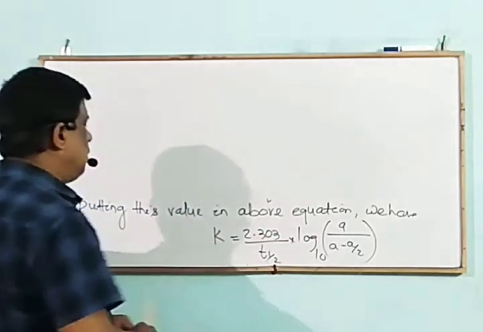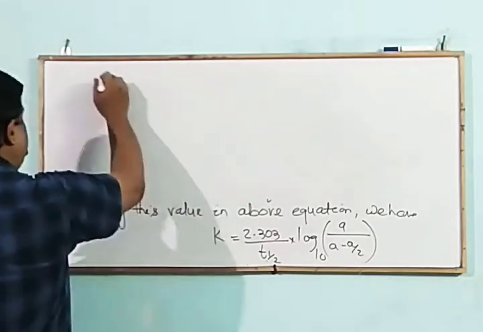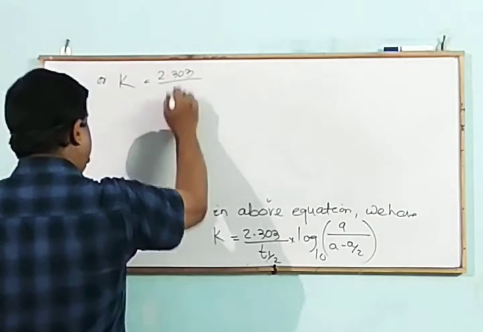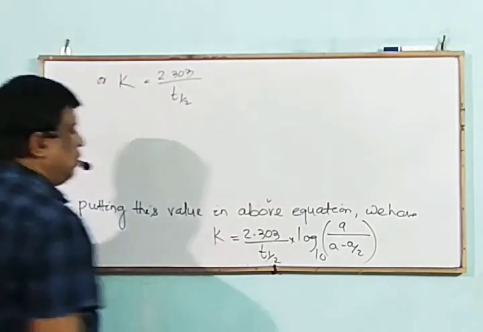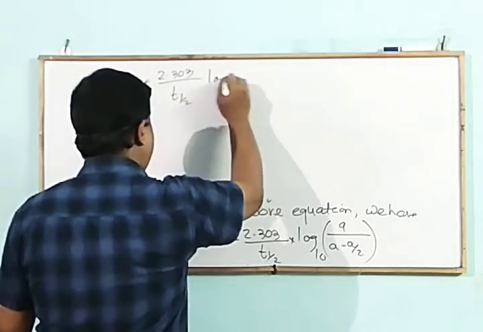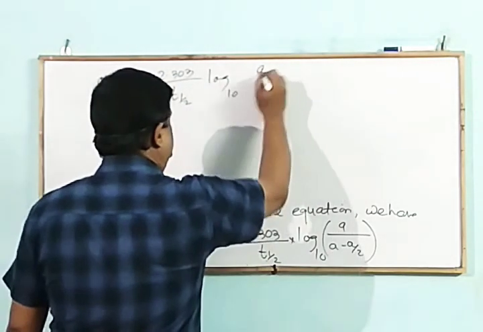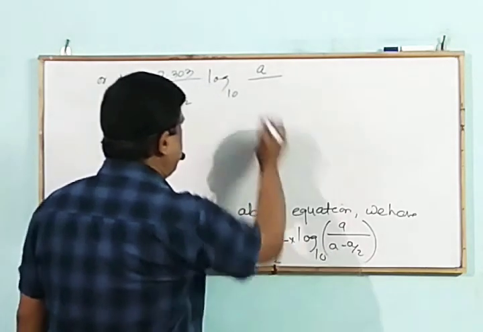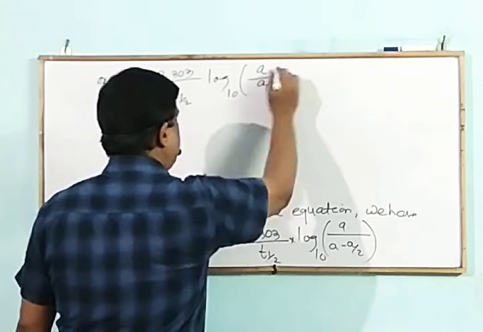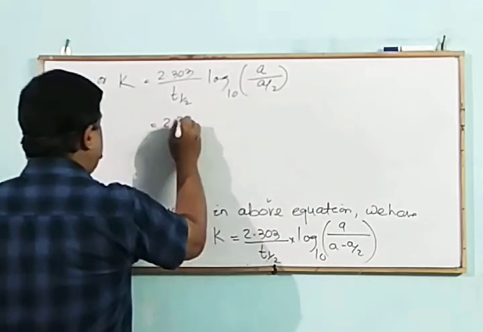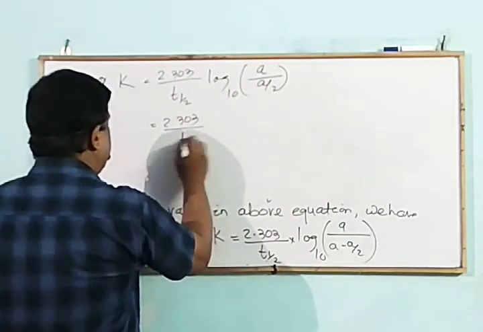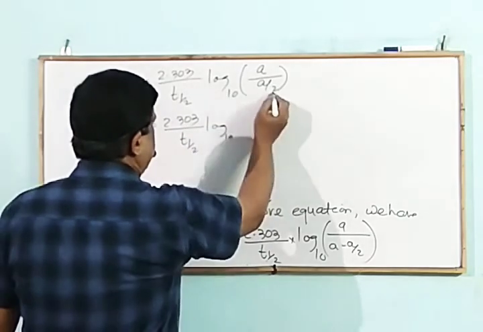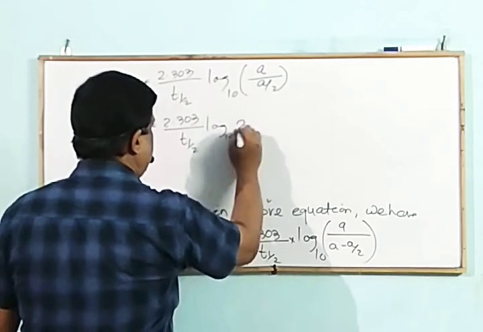Mark that. k is equal to 2.303 by t half, this one is log base 10 a by a minus a by 2, which is a by 2, so a by a by 2 is equal to 2.303 by t half, log base 10, 2 into a cancels, log 2.